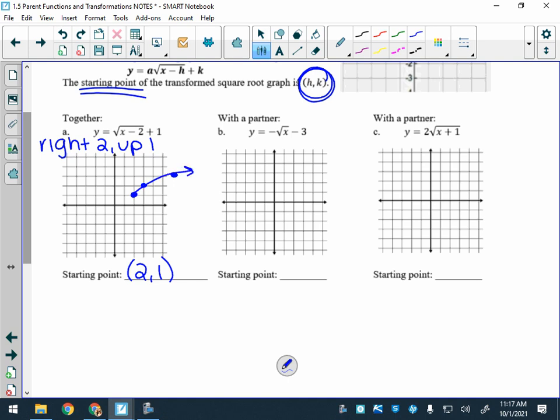Okay, your goal is to choose x values that make this a positive number or perfect square. Knowing what you know about transformations, I want you to try, and you can work with someone next to you, B and C. Go ahead.